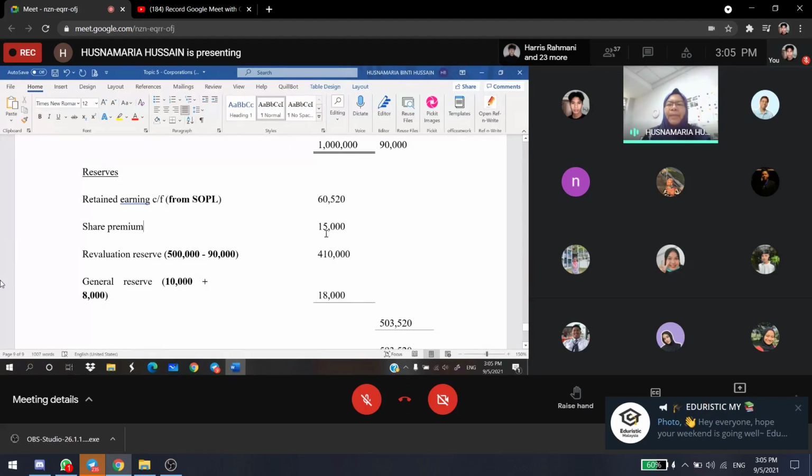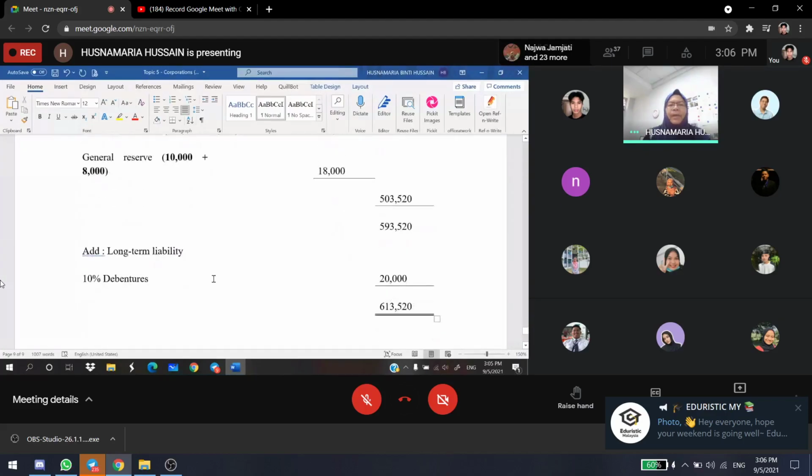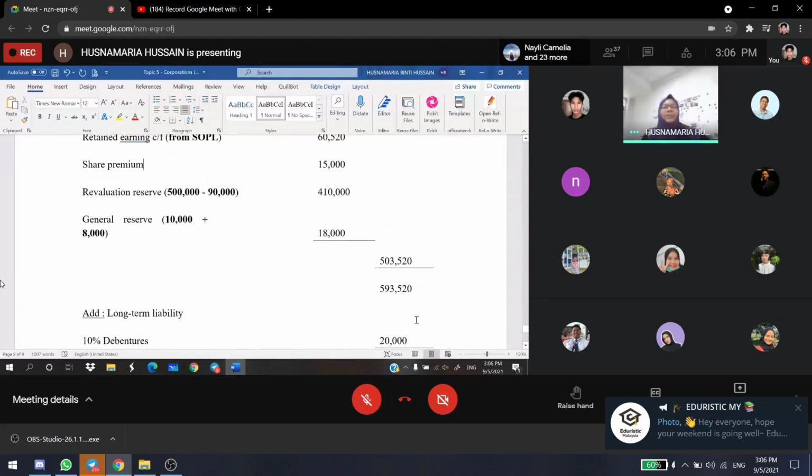Share premium, last year you had a balance, this year no balance, no new transfer. Revaluation reserve 401 tadi. General reserve, this is last year's balance you carry plus this year's amount that you transfer. Add long-term liability. That's it.